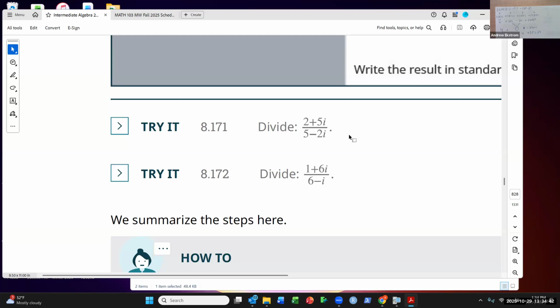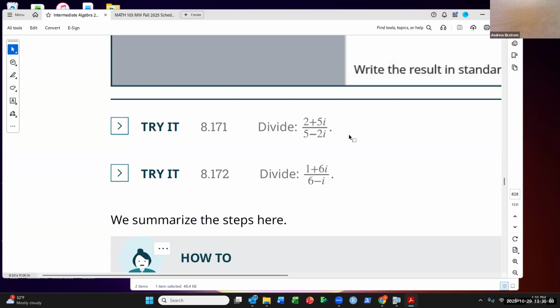This is a little bit more of a thing, so I'm actually going to do both of them, and I am going to write them down on the table here instead of over there.